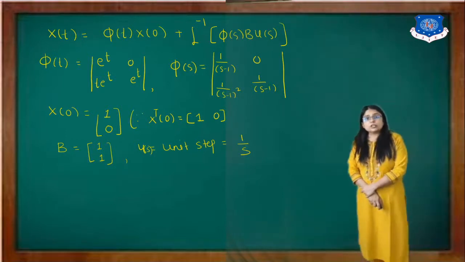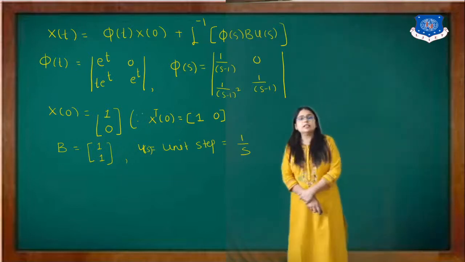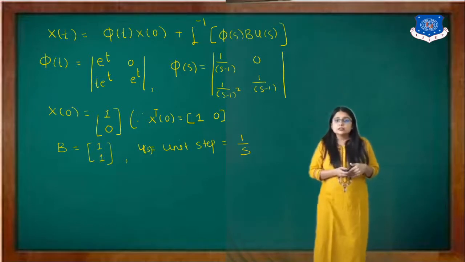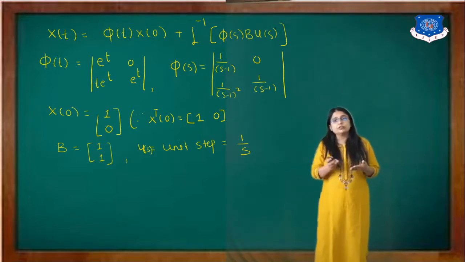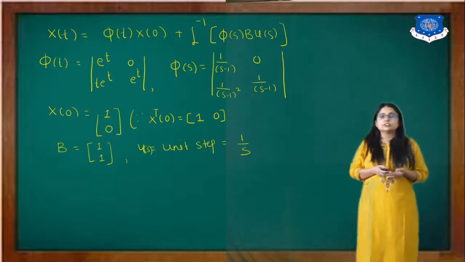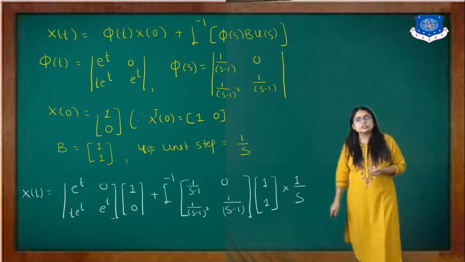But in the question they have written that it is for unit step. And we know that the Laplace of unit step is what? 1 by s. Right. If it is a ramp, then you have to write down the Laplace of ramp. If it is a parabolic, then you have to write down the Laplace of parabolic function. So simply substitute all this value in above equation.